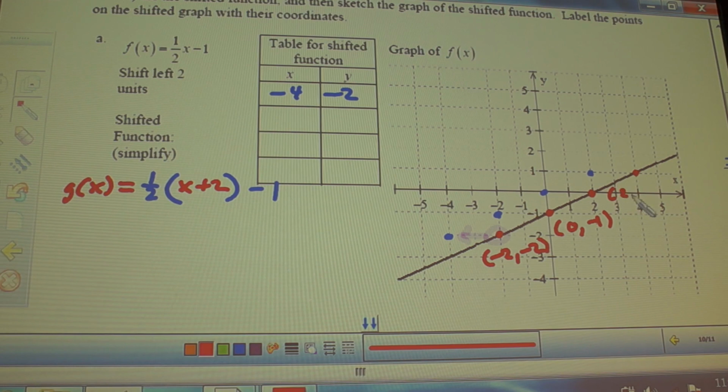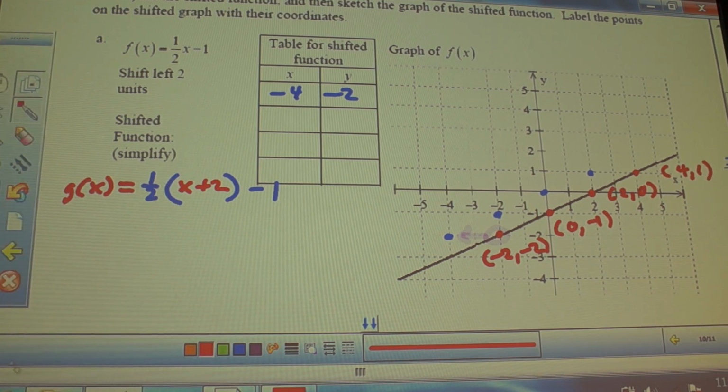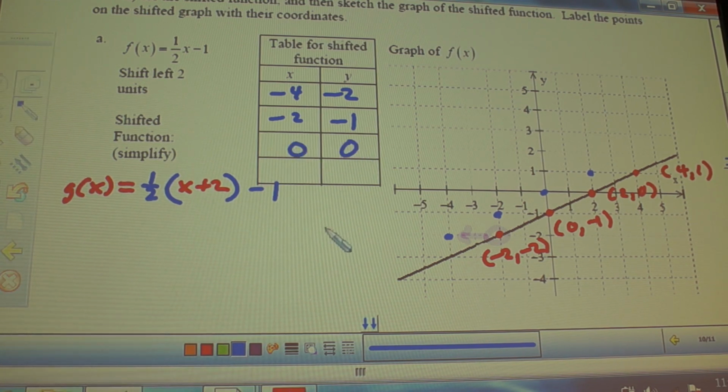This is 2, 0, and this is 4, 1. So all my x's just become 2 less. -2, -1. 0, 0. That's easy. And 2, 1. Everybody okay with that part so far? It's kind of nice now you guys have a colored pen. You can have your regular pencil color and this color, so it gives you some contrast.